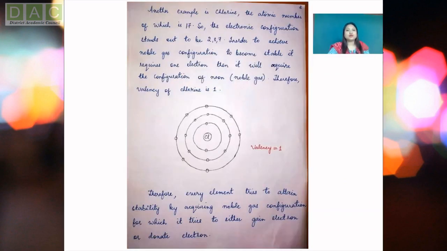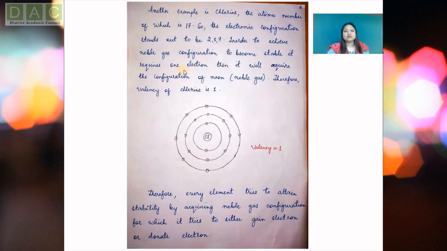Another example we can give is chlorine. The atomic number of chlorine is 17 and the electronic configuration is 2.8.7. So there are 7 electrons in the outermost shell or valence shell. In order to attain a noble gas configuration, or to attain stability, chlorine requires one more electron.